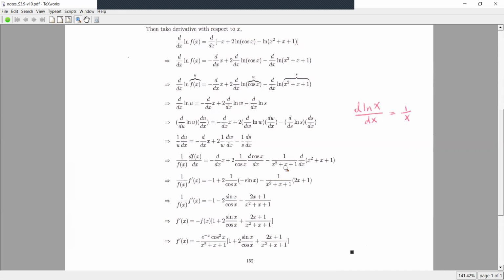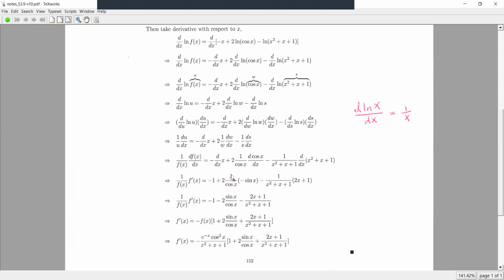Then I have this term. The derivative of f with respect to x in other notation is f prime of x. The derivative of cosine of x with respect to x is negative sine of x. The derivative of x squared plus x plus 1 with respect to x is 2x plus 1. Then I have this equation.